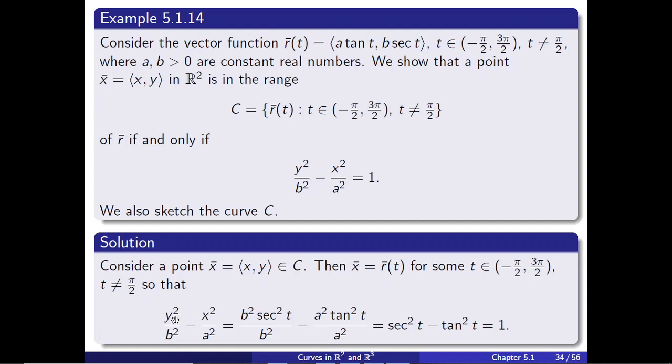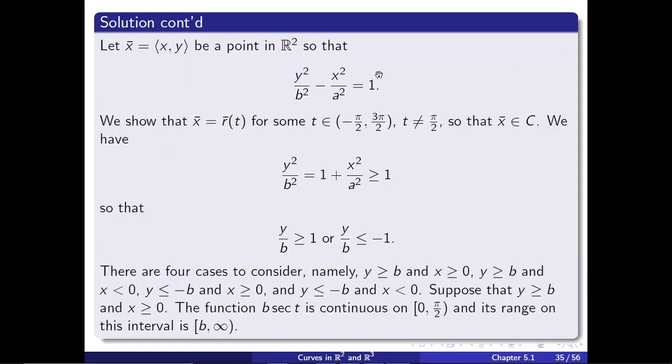If we take y squared over b squared minus x squared over a squared and substitute what we have for x and y, we see that it is just sec squared t minus tan squared t, which is equal to 1. So it satisfies that. Now we want to go the other way and show that x has to be equal to that and y has to be equal to that.